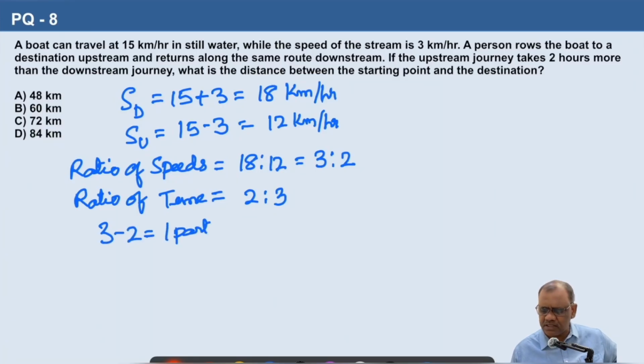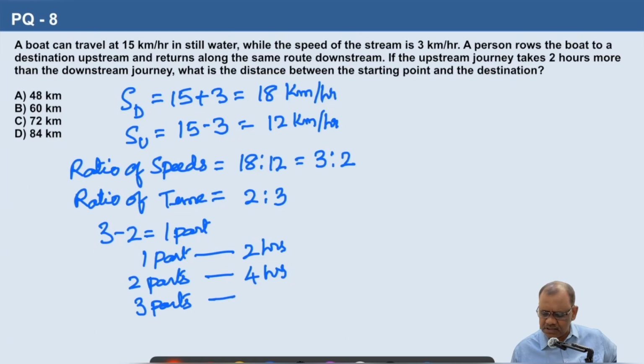So this 1 part is equivalent to 2 hours. 2 parts is equivalent to 4 hours. Similarly, 3 parts is equivalent to 6 hours. So 4 hours is the time taken for the downstream journey and 6 hours is the time taken for the upstream journey.